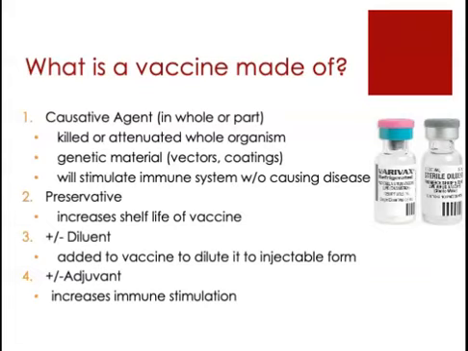We can replicate that DNA in the laboratory without having to grow the virus in culture. And then we can use that DNA in the vaccine. Now, there is one big problem with a vaccine that contains DNA, and that's that the immune system does not respond very well to foreign DNA.